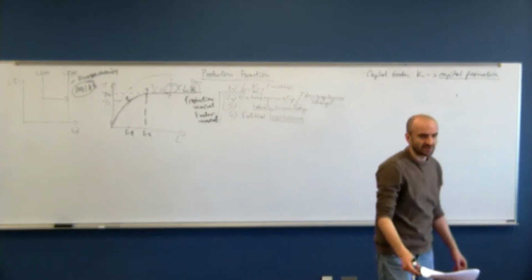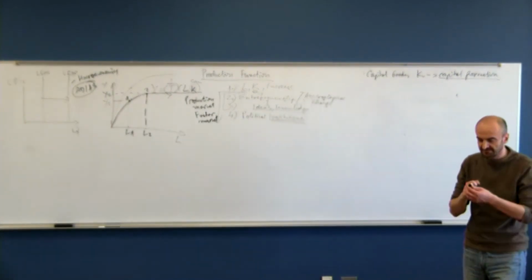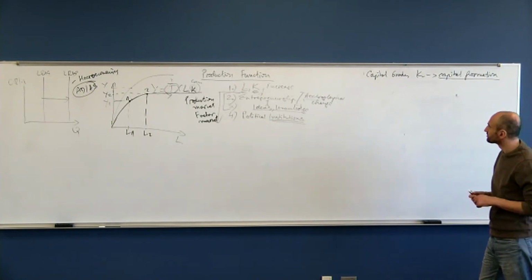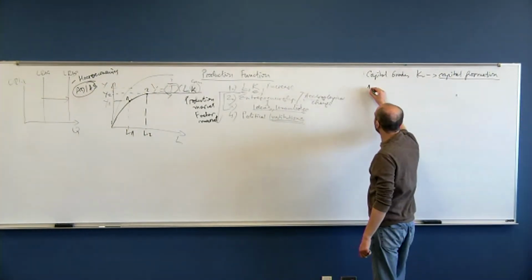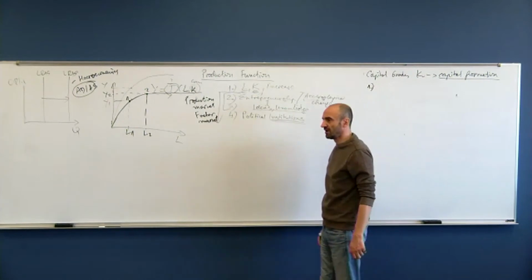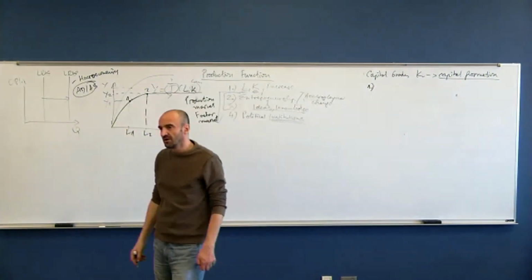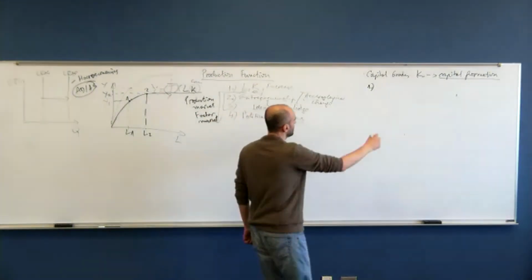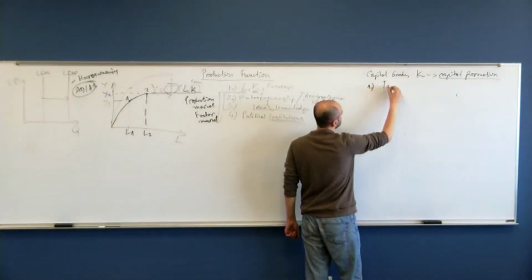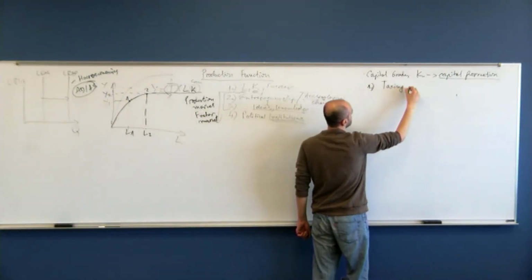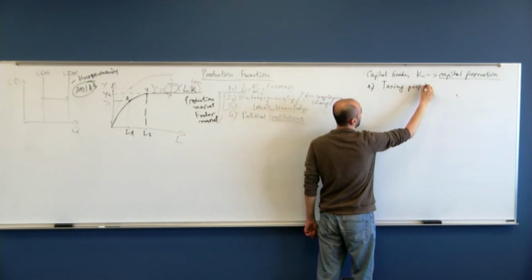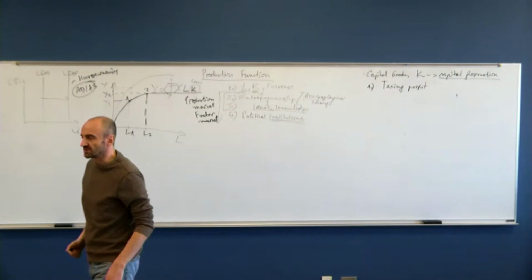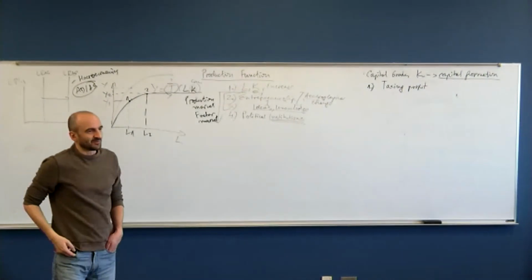So, which factors influence capital formation? You can single out the two most important ones. The first one would be corporate income taxes or profit taxes. Taxes on profit influence capital formation. How do taxes on profit influence capital formation?